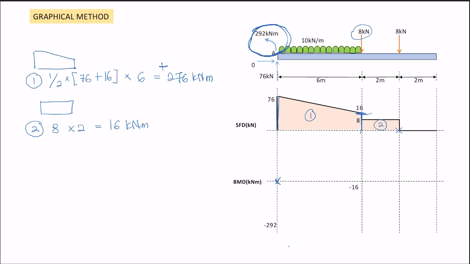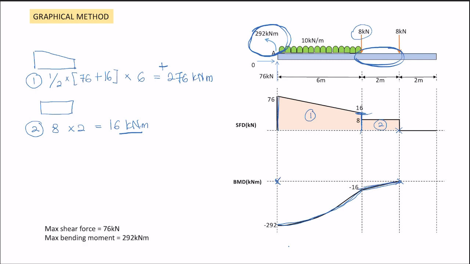After that, there is a second area, 16 kilonewton meter. So negative 16 plus 16, because it is positive. Then you will get zero again. For the UDL, remember that it must be a curve. And for the area where there is no force here, it will probably be a slanted line.